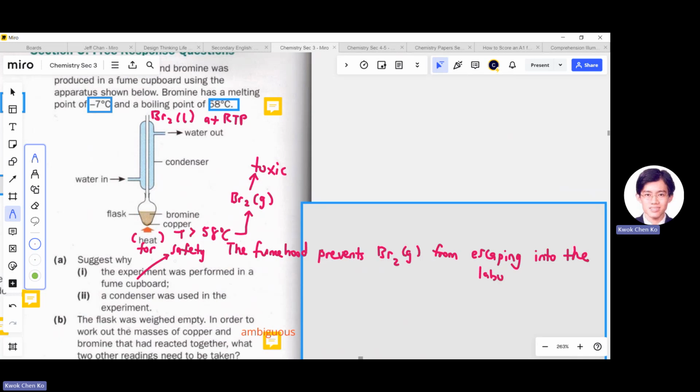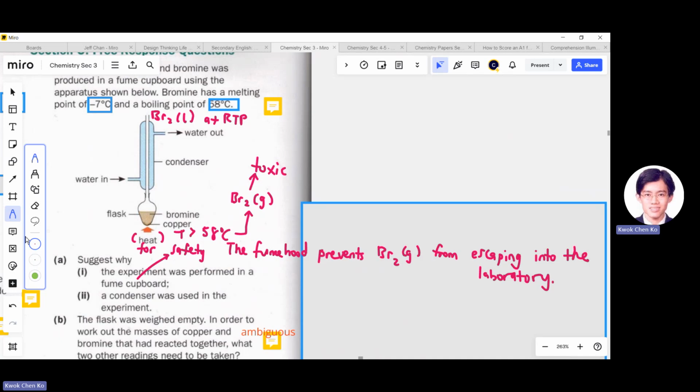Let's assume this is done in the lab. So just remember the fume hood is basically for safety, but in this particular case, is to prevent bromine vapor from escaping because your experiment involves bromine vapor generated.